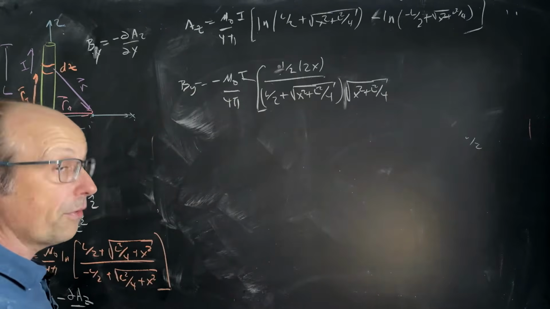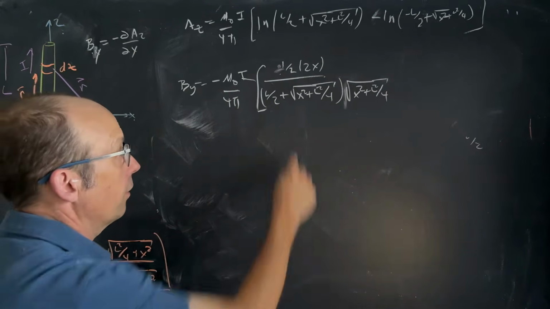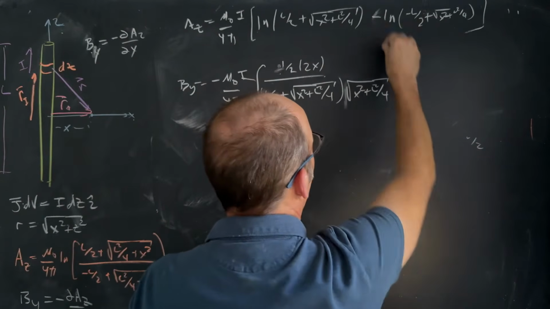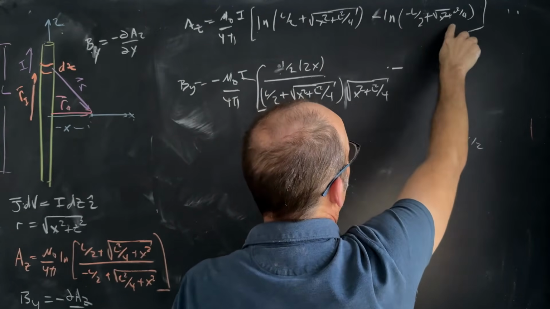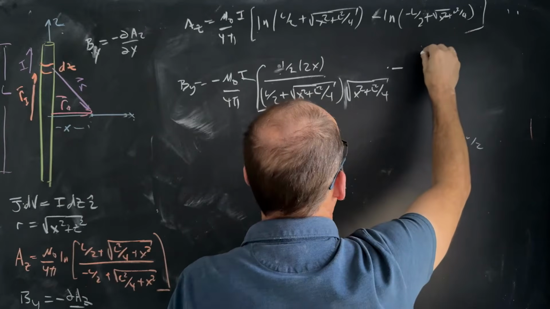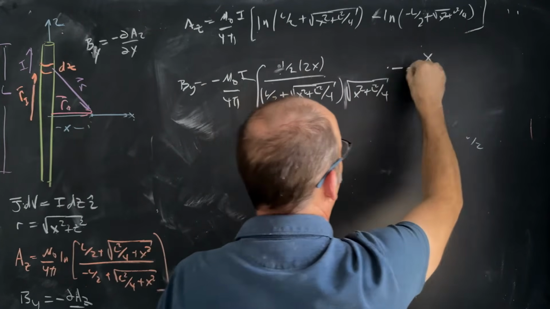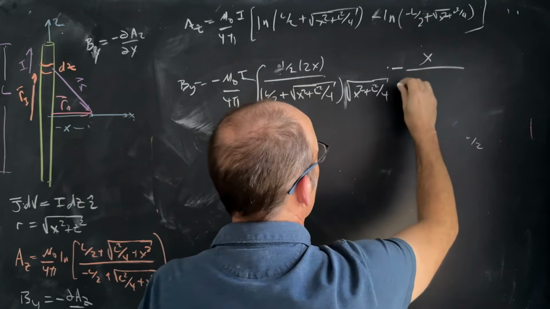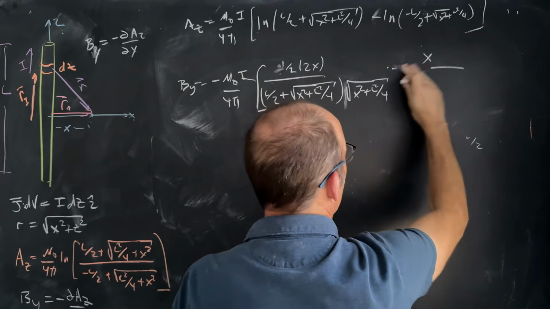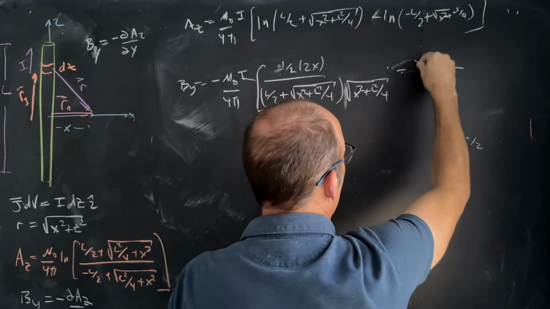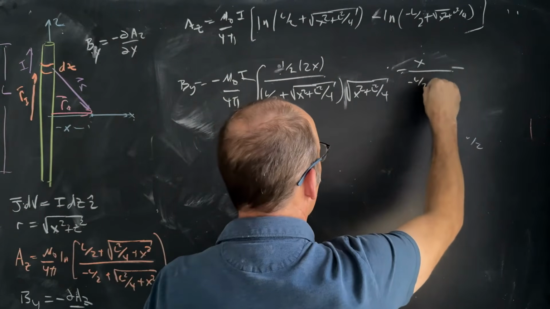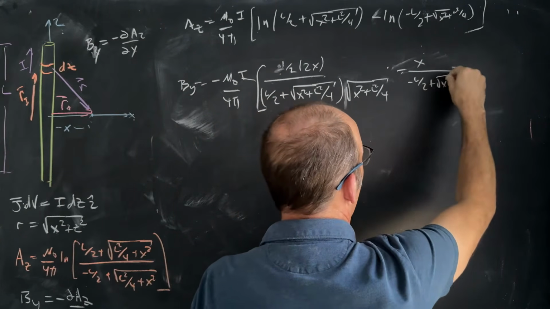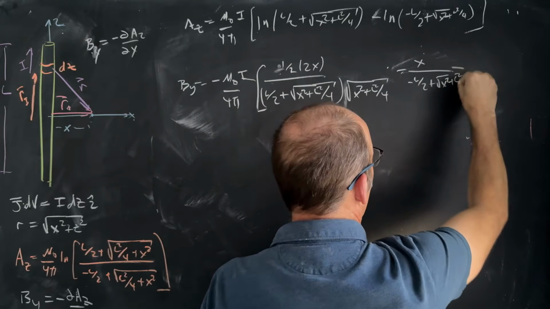Now the other term is very similar, but different. So I'm also going to get, I have a minus. This term up here is going to give me, again, just an x, right? Because I'm going to get the 1/2. On the bottom, this is separated, minus x over negative L over 2 plus the square root of x squared plus L squared over 4.